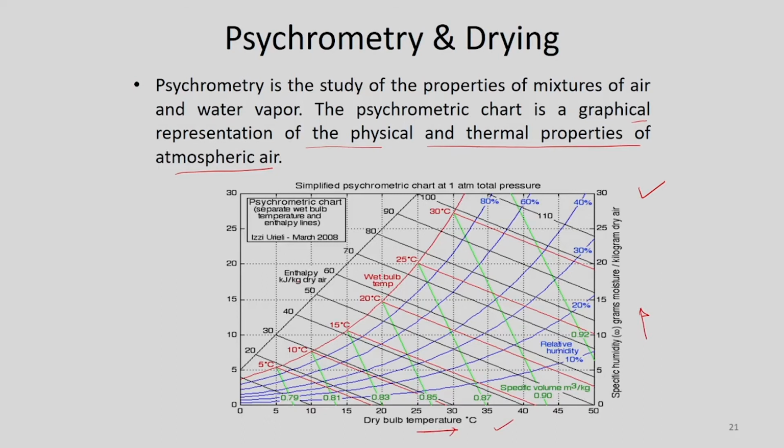These are the relative humidity lines. Specific volume is also here. At a particular temperature, say 20 degrees, what will be the relative humidity? If we know the relative humidity, say 40, we can find the coordinate, and if we want to know the enthalpy, we go here and get the enthalpy. So, these charts are used for drying calculations and psychrometric calculations.